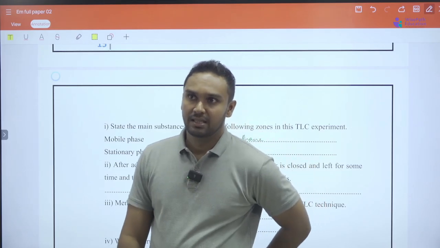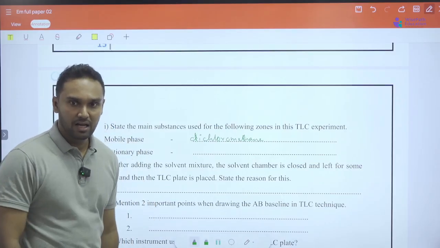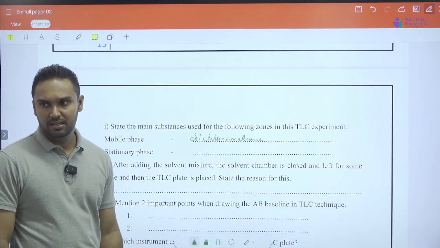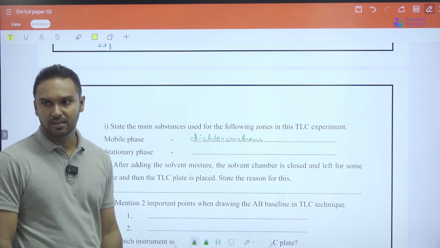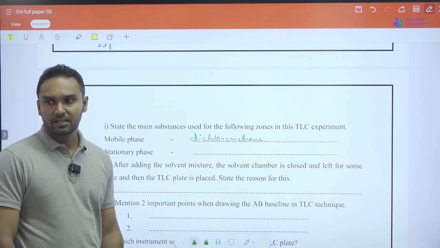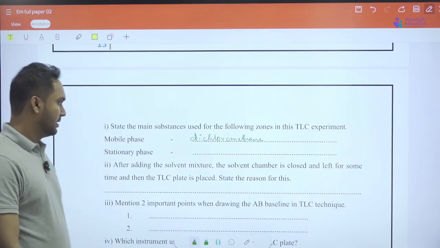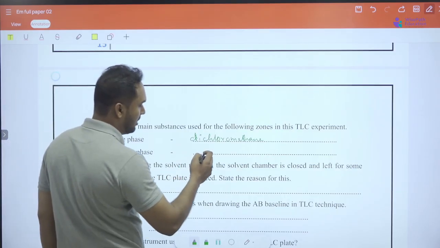It's silica gel. Can't remember if it is silica gel. I think it's silica gel. Or the silicon hydroxide or something. Sort of a silicon thing is applied on the glass plate. It's silica.